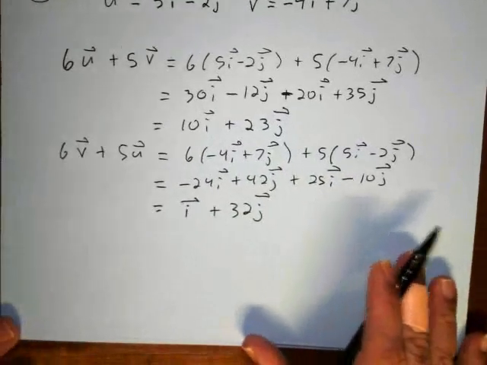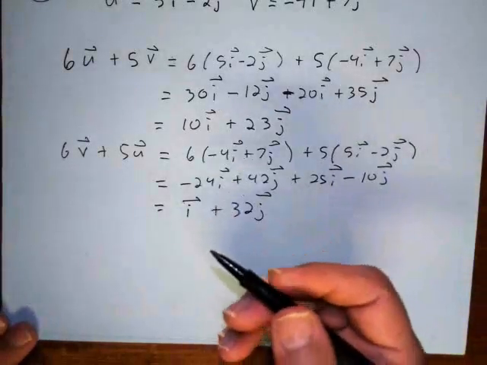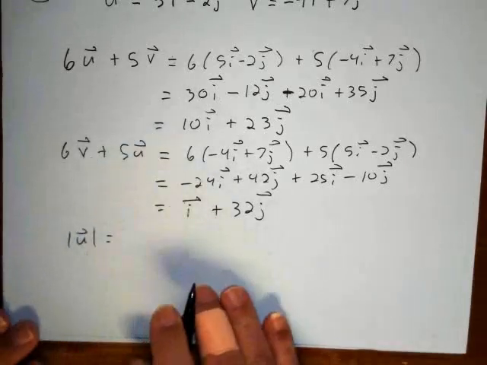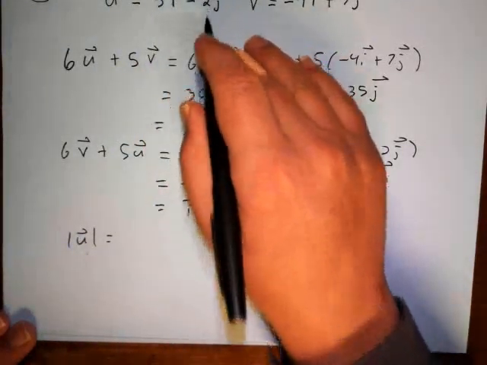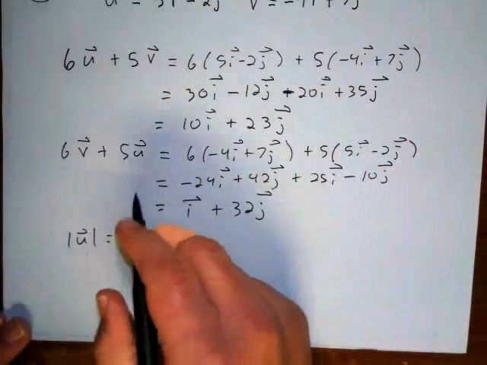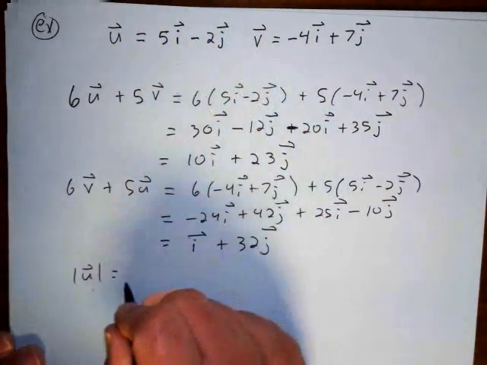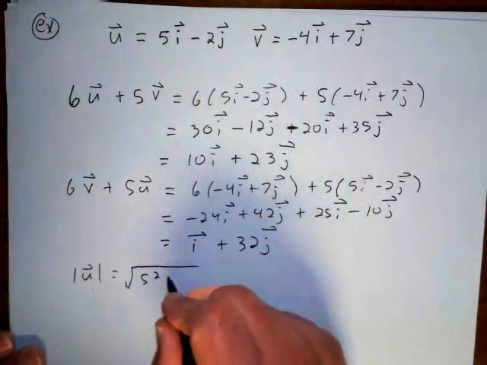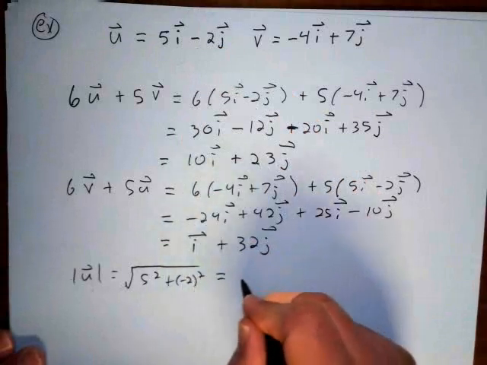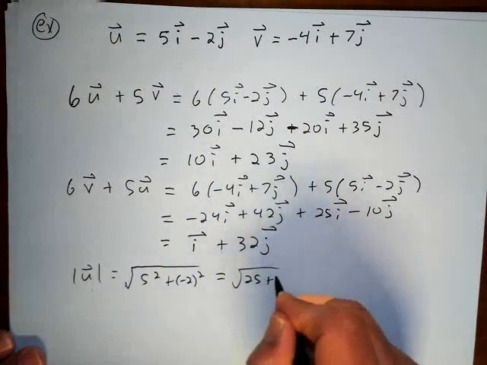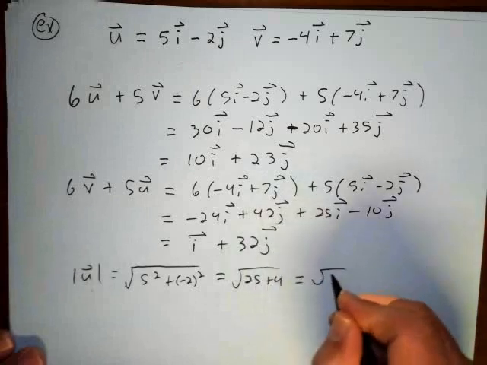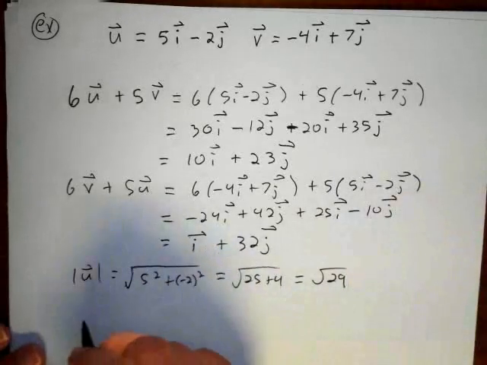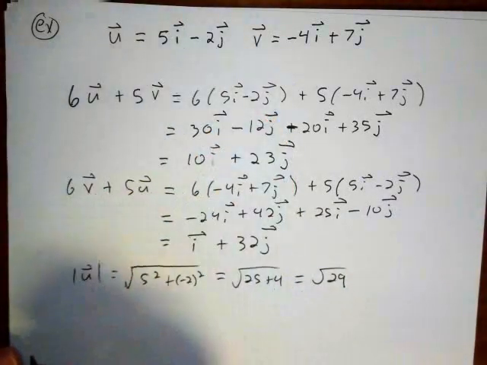So let's do a couple other things. Let's say I want to find the magnitude of u. So u is 5i minus 2j, and I'm just going to take 5 squared, the coefficient on the i, plus negative 2 squared, and so I get the square root of 25 plus 4. This is the square root of 29. And then let's say I want to get the unit vector for u.